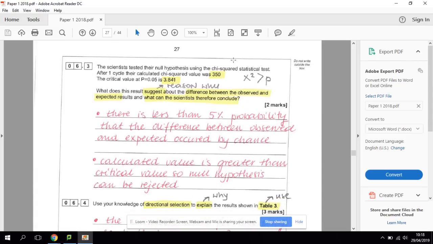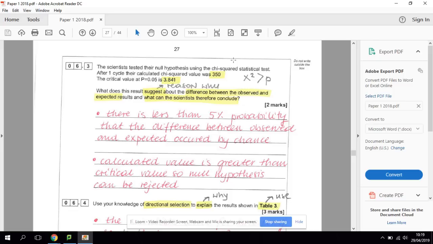Right. So then the scientists used the null hypothesis and the chi-square test. After one cycle, they calculated the chi-square value was 350, but the critical value was 3.841. So what we can see here is that the chi-square is higher than the critical value.